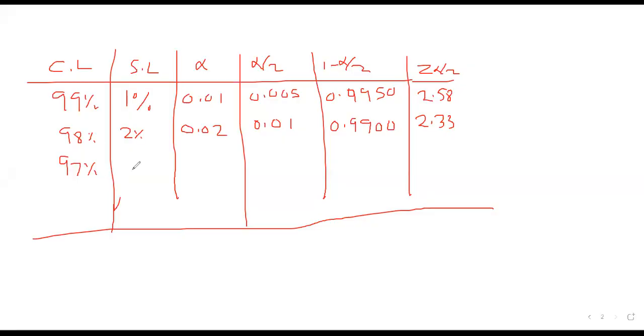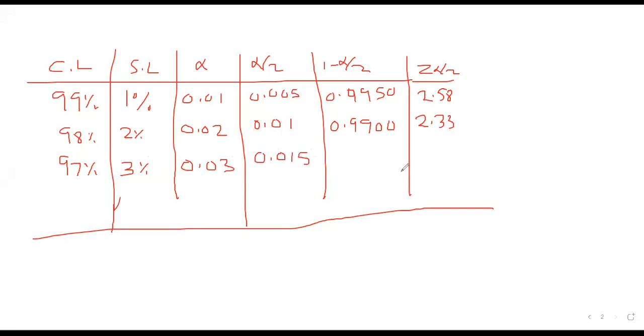Okay. 3%. Then here 0.03. Then here we have 0.015.